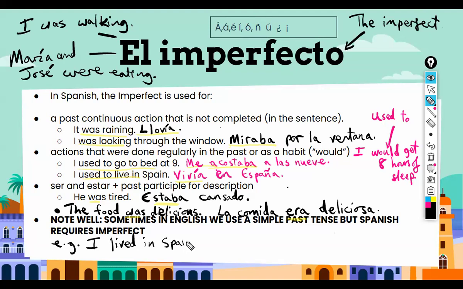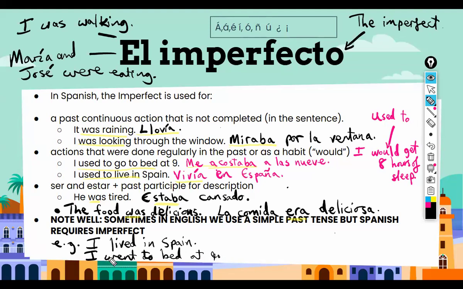Now, the exception to this is if there is something in the context that is like a longer sentence and there's something that makes it preterite, right? If we say I went to bed at 9. Again, this will depend on context, right?